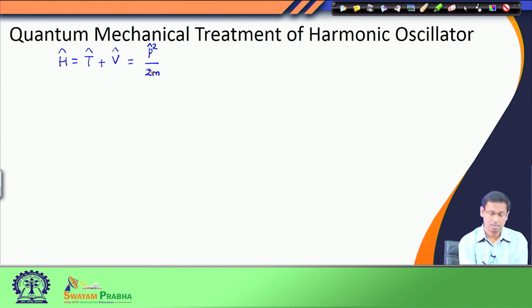So, we know that kinetic energy is momentum square divided by 2m. So, we are going to use the momentum operator here, and we already have seen the potential energy V equals half k x square. We do that by using that the force is the negative gradient of the potential energy. So, we have half k x square, where x is the position operator and k is the spring constant.